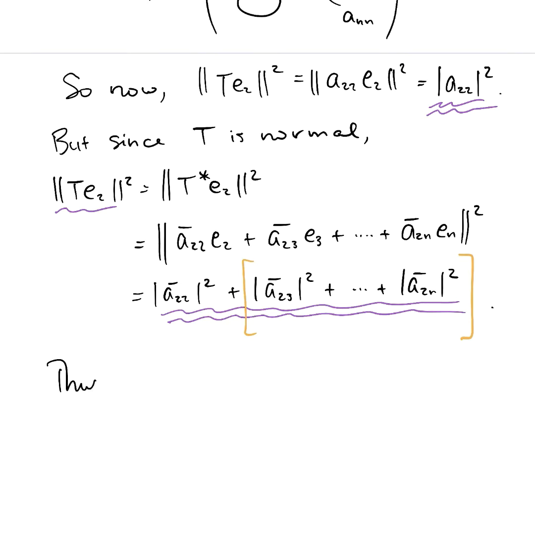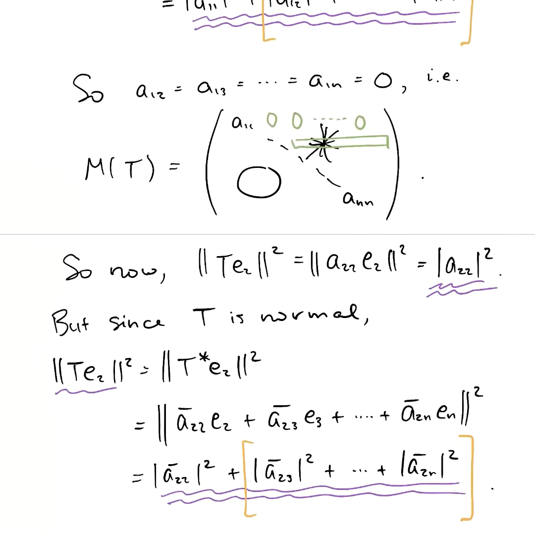And if you do this n minus 1 times, you find out all the rows of asterisk are 0. In other words, the matrix for T is straight up diagonal. Not just upper triangular, diagonal.